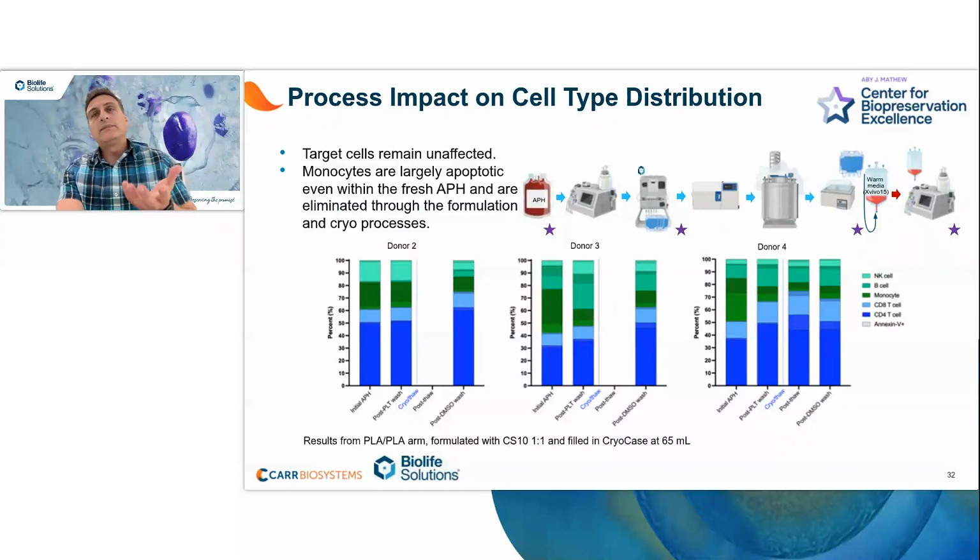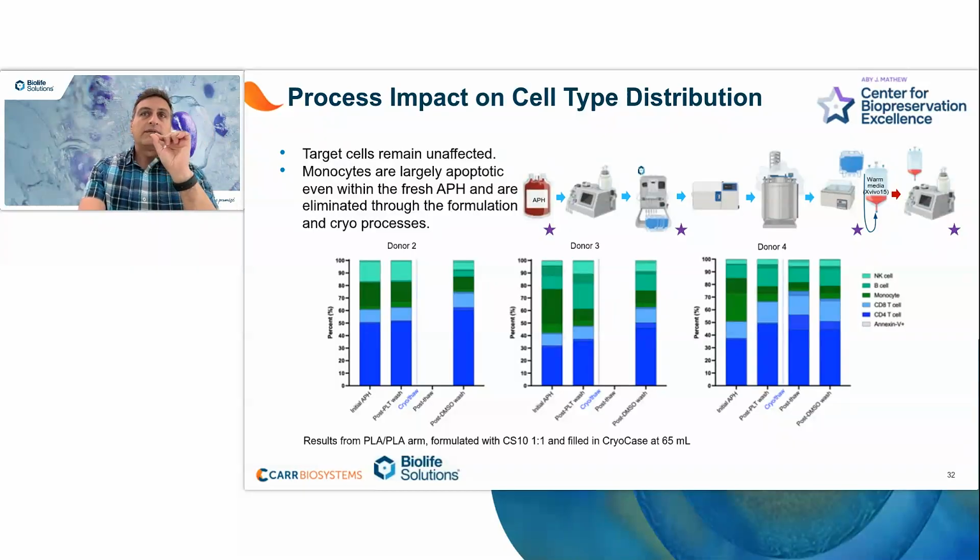Basically, for the CAR-T manufacturing process, again, a disclaimer here is that we optimized this process targeting to optimize the T cell recovery out of the freeze and thaw process. If you note, there might be an impact on NK or B cells.